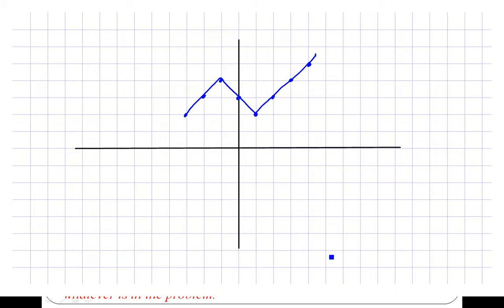And you were asked, this is the graph of f of x, and I say, what is f of 0? What this is saying is, when x is 0, what is y? This is the y-axis also. When x is 0, what is y? So 0 is here.